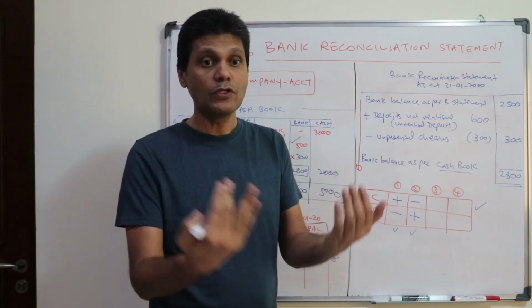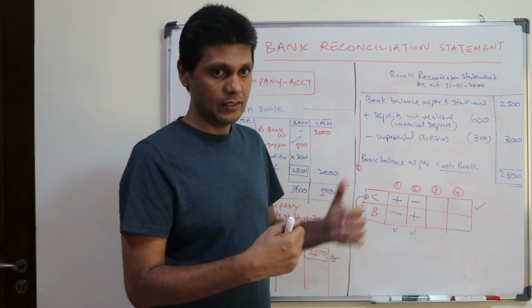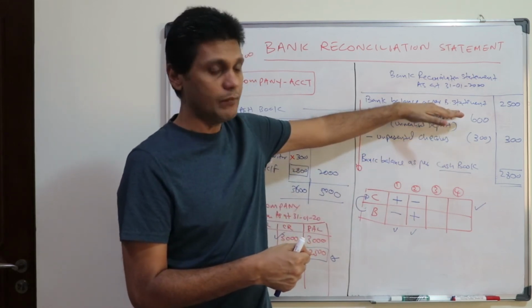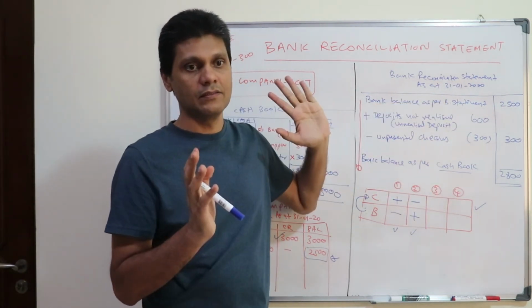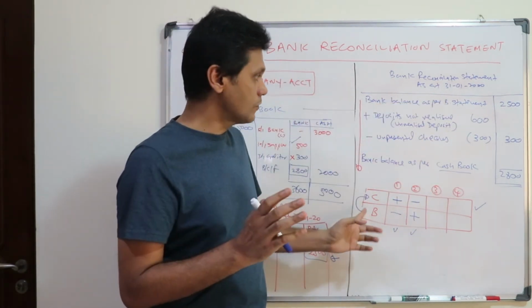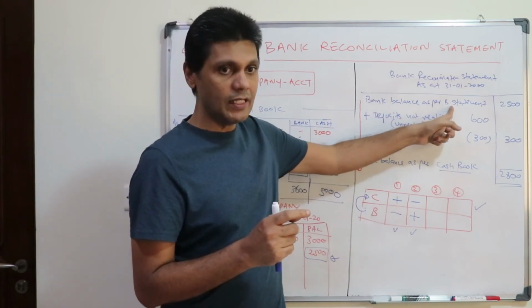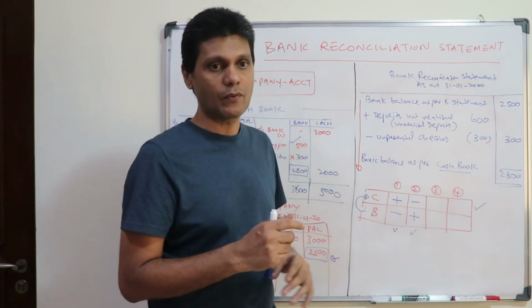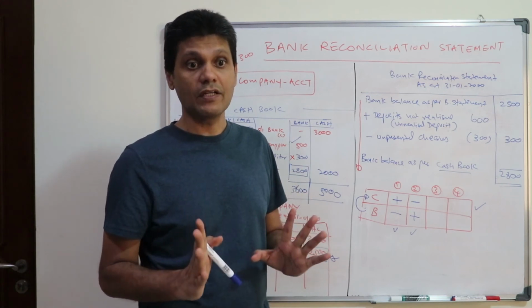Once you identify this impact, you can easily prepare the statement, either from bank statement to cash book or cash book to bank. You just have to see where your starting point is. If it is bank statement, then you have to arrive at the cash book, you take the top row impact. Is that clear? I hope this is very clear to you.